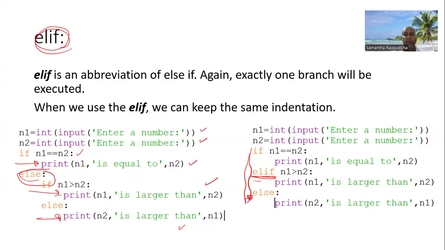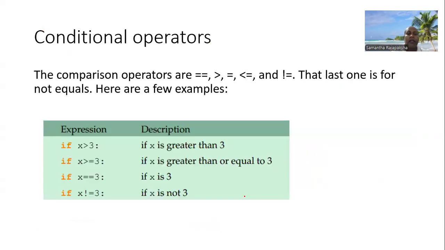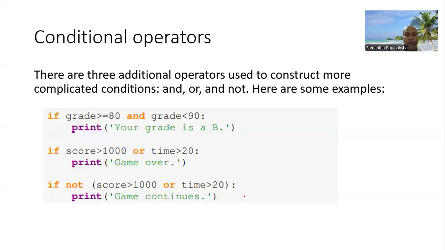This is the key thing you should know. In this example, the conditions you can write are greater than, equal, or equal, not equal. So those are the conditions you can use when you are writing these programs. And you can use the conditional operators and, or, not. In this case, the first one is grade is greater than or equal and grade is less than 90.